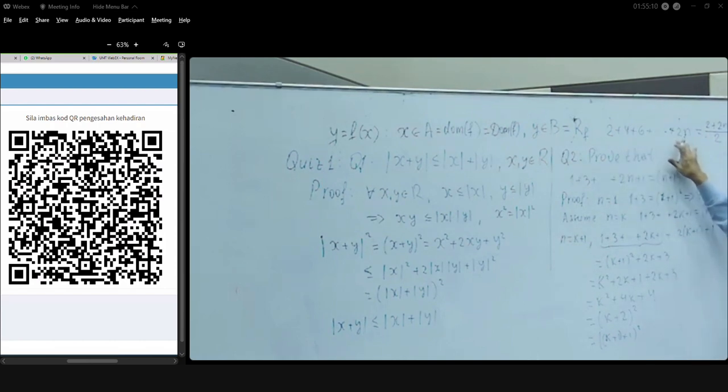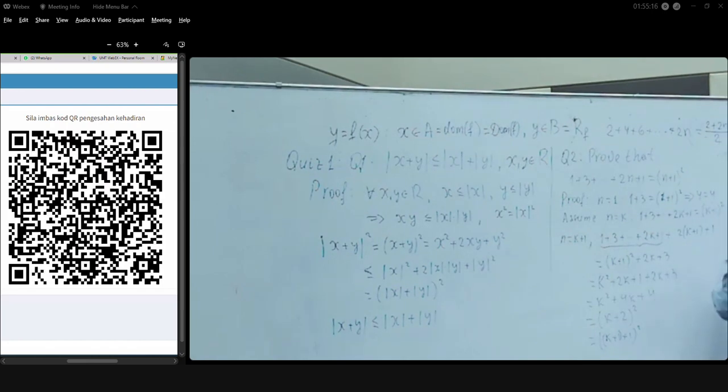The number of terms is n, right? Because 2 plus 4 up to 2n, the number of terms is n, not 2n, half. So if you calculate this, 2 cancels, n plus 1. You see, I got it for even numbers.